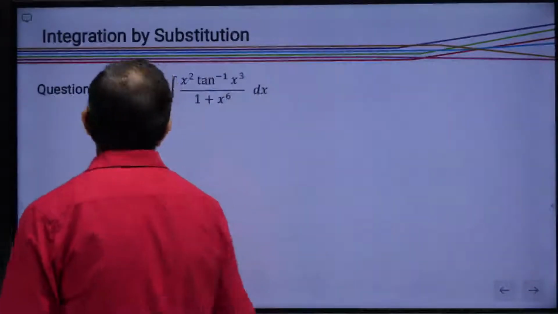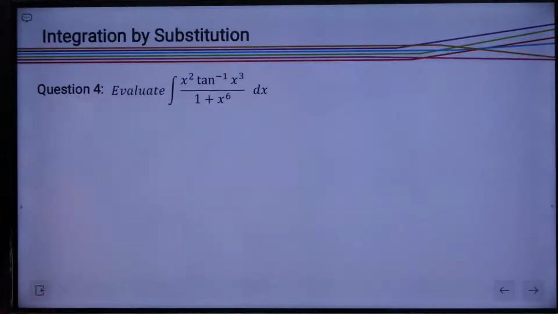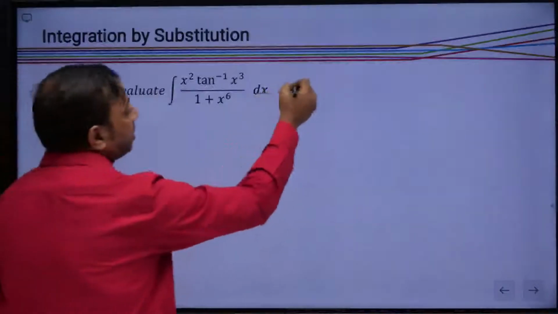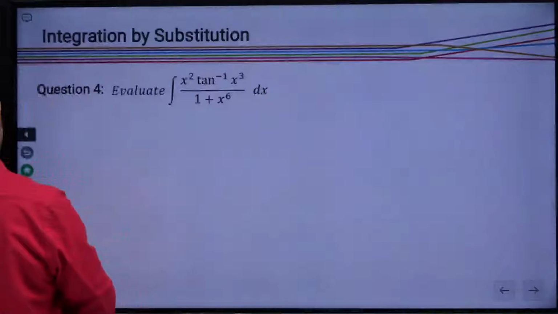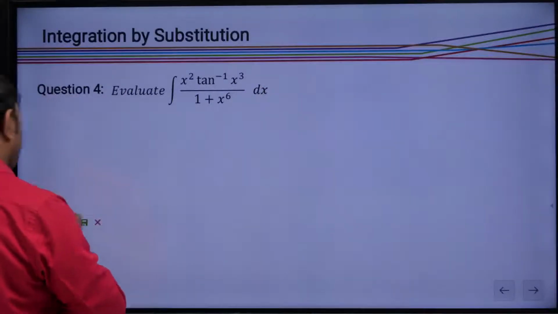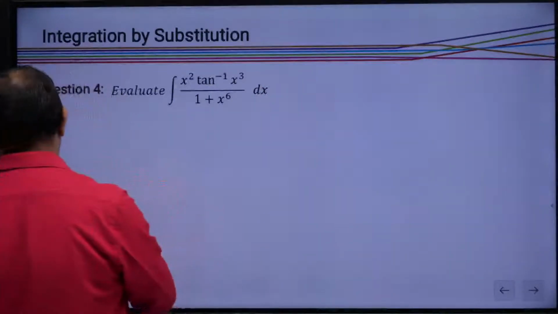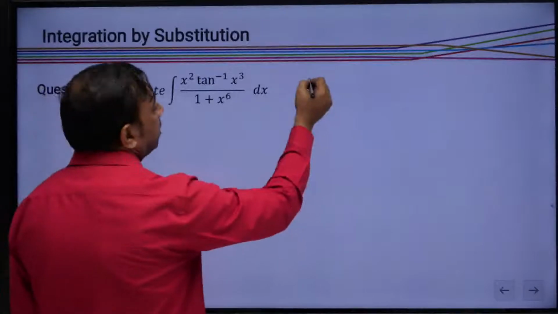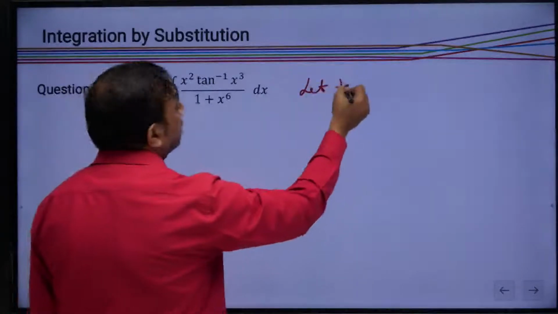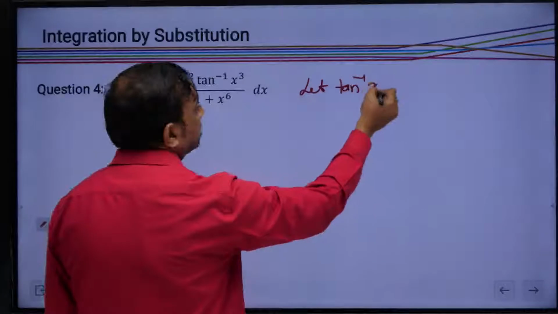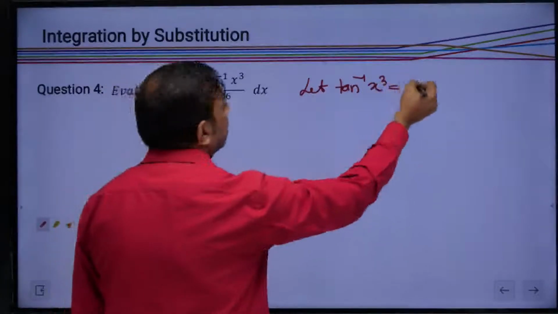Now if we look at another example for the substitution, I'll choose, let tan inverse x cube equal t.